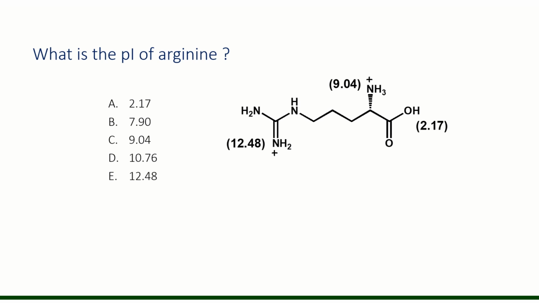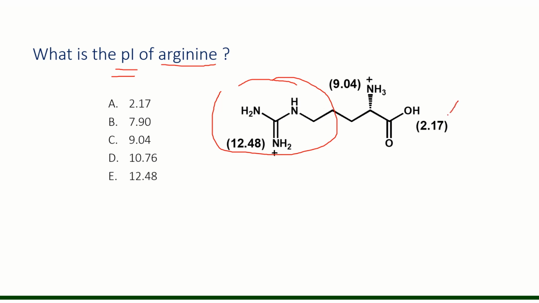So we come to a question like this, and it's very easy to calculate the isoelectric point, in this case arginine, because all you got to do is to realize that this R group is basic in nature. So the whole species is basic.